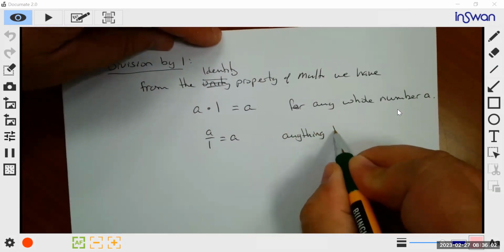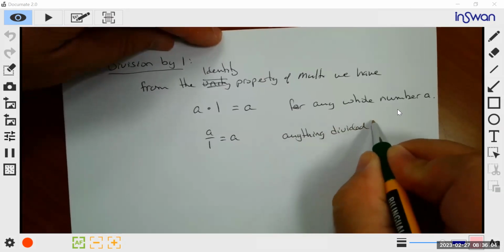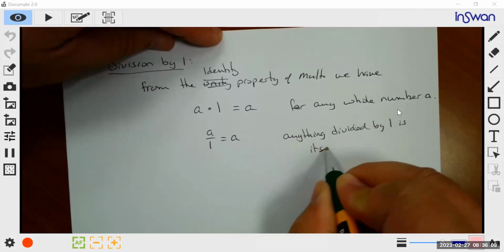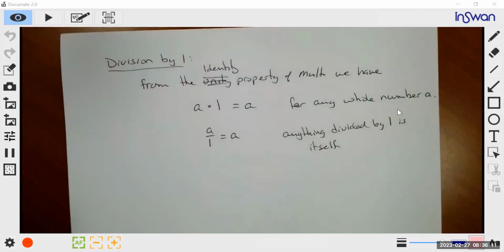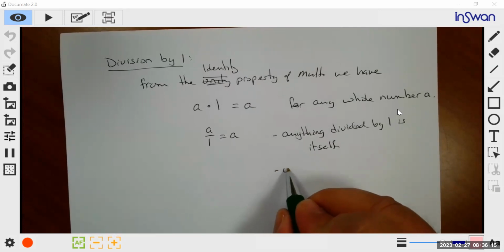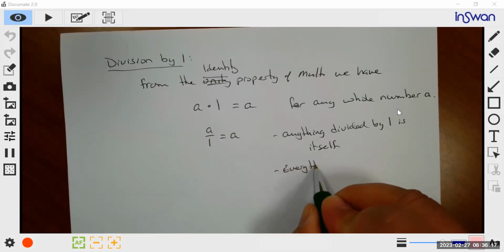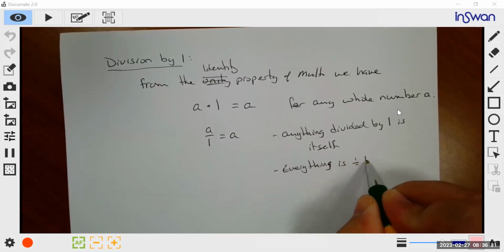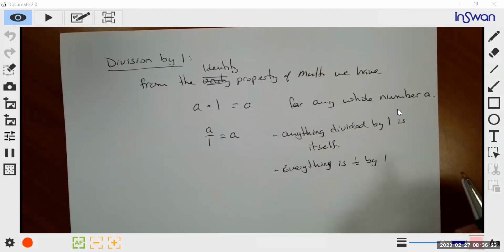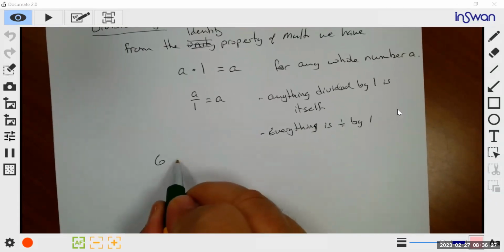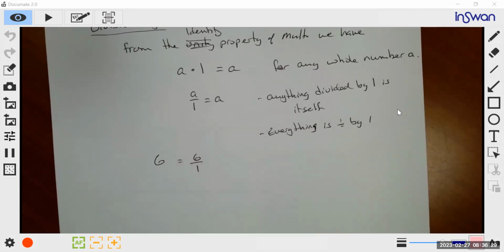Anything divided by 1 is itself. Or another way to look at it is everything is divided by 1. In other words, the number 6 is the same thing as 6 divided by 1.